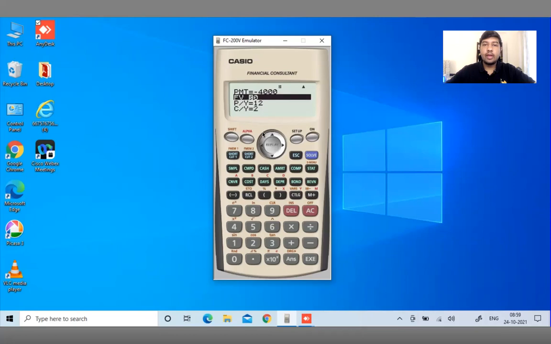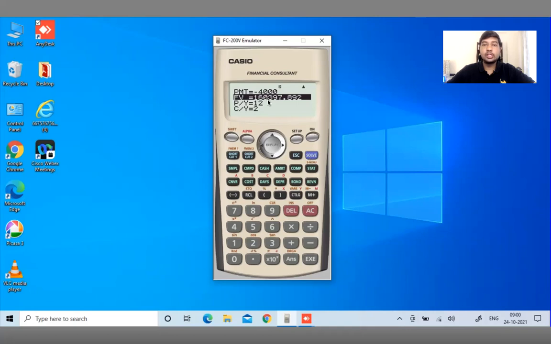Once you have your cursor on FV, you need to use this blue color button called SOLVE. Just press this, and when you solve, you will get the answer, which is 1,60,397. How did you get this answer? By taking your cursor to the FV field. So whatever answer you need, take the cursor over there and press this blue color SOLVE button, and that is how you will get the answer.